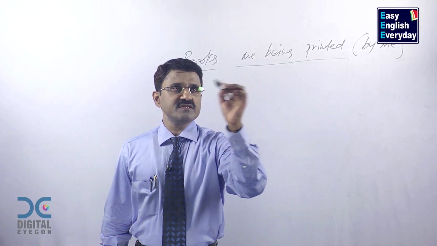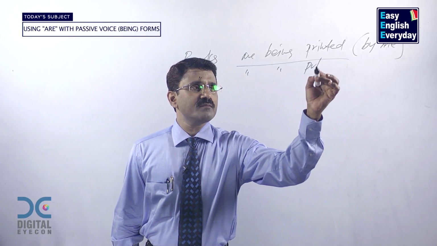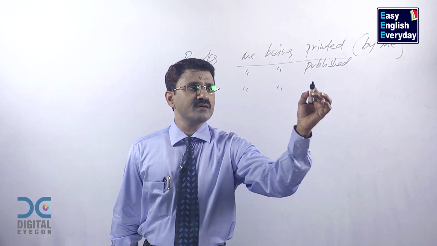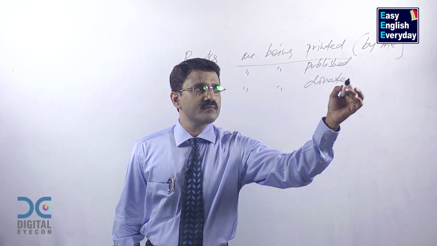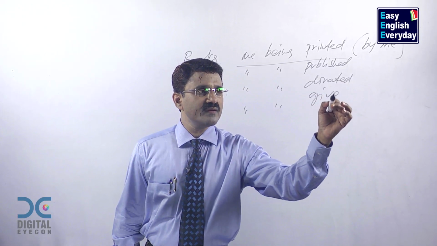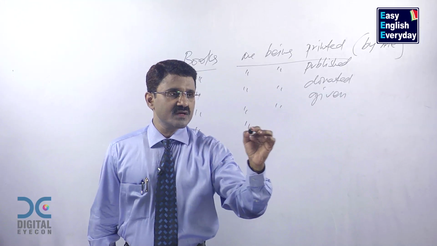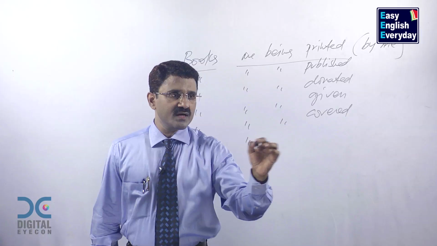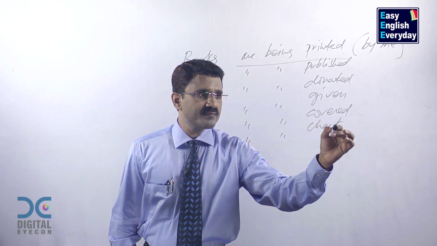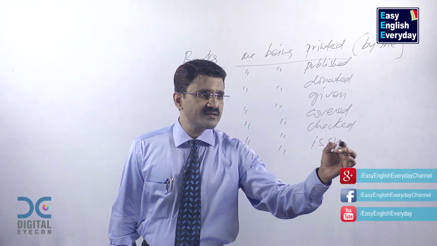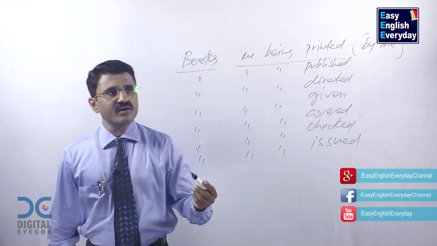Books are being printed. Books are being published. Books are being donated. Books are being given. Books are being covered. Books are being checked. Books are being issued. Like this, it can go on and on and on.